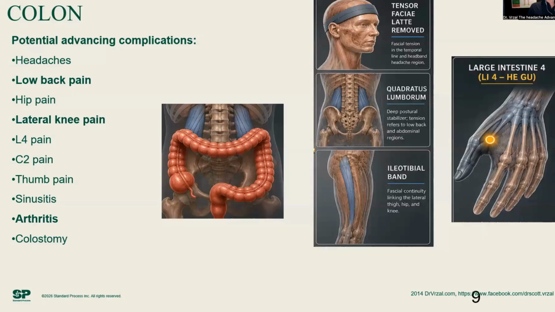So we've got the potential advancing complications. Clinicians, we need to understand this to inspire change. Ultimately, we need to know the consequences of inactivity, of ignoring the signs, because cancer doesn't happen immediately.